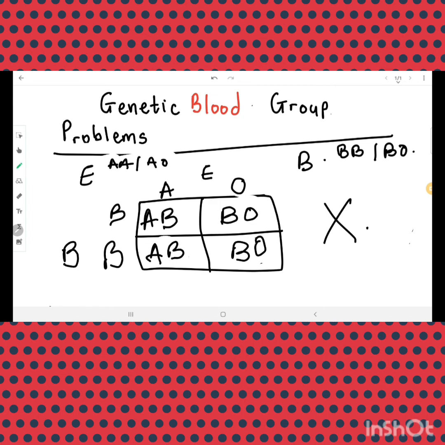And we know that baby Yoda belongs to blood group O, meaning that the genotype of baby Yoda has to be OO. But here we have AB, BO, AB, BO. So not possible again.